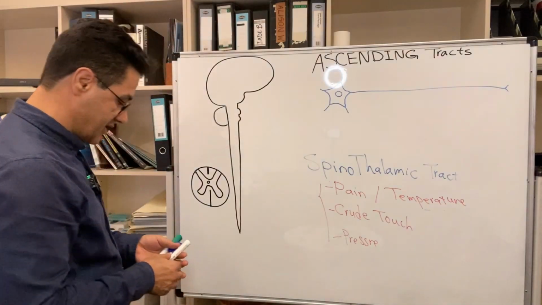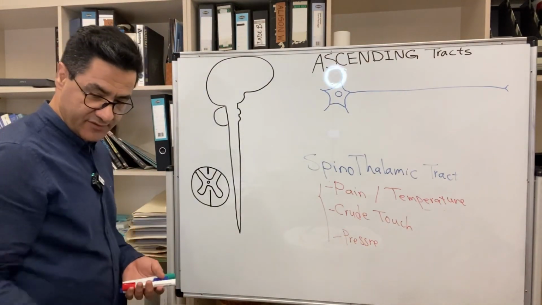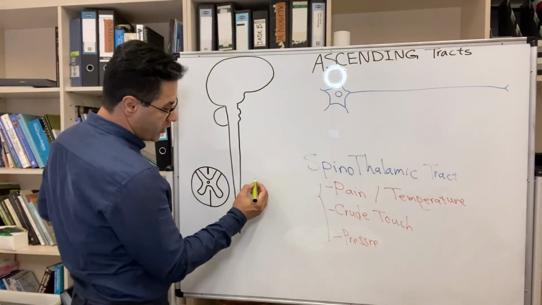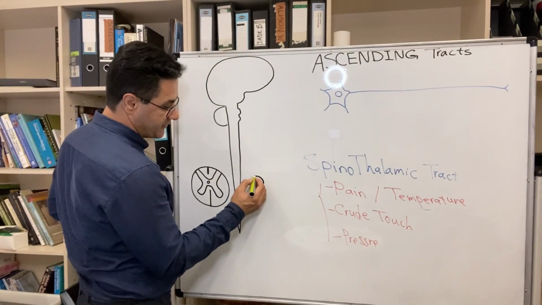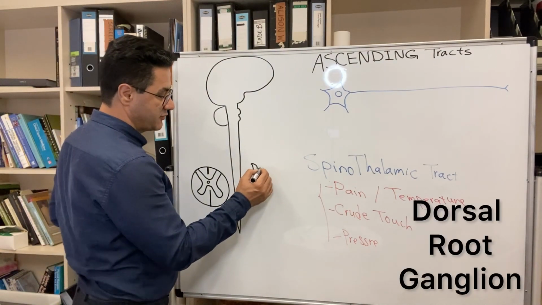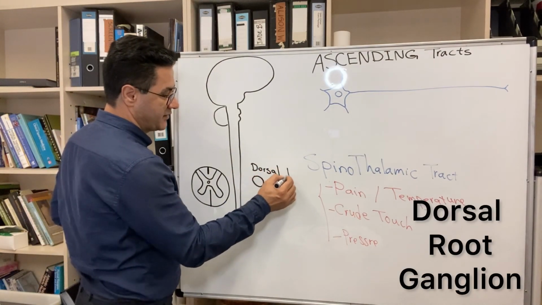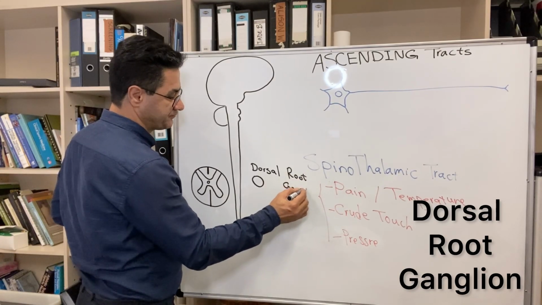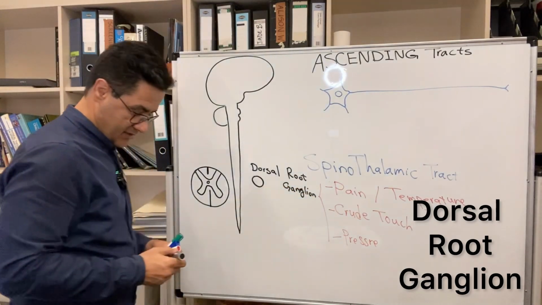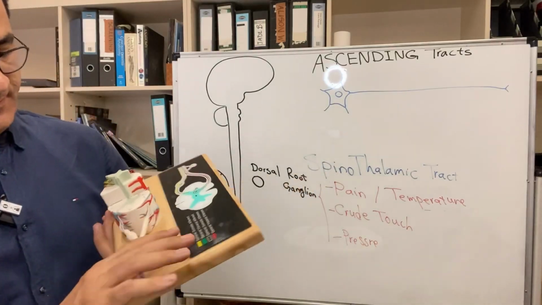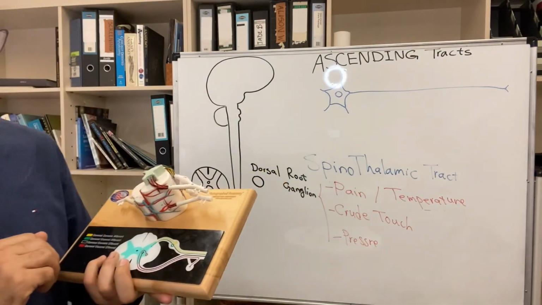Most of the time you can find the cell body of the first order neuron outside the spinal cord, within the dorsal root ganglion. The dorsal root ganglion is a bulge on the way of the dorsal root.